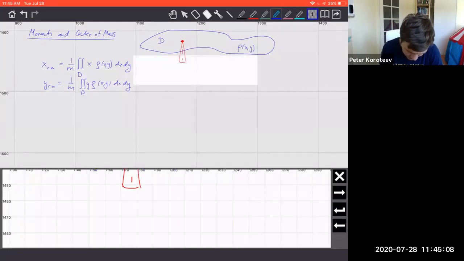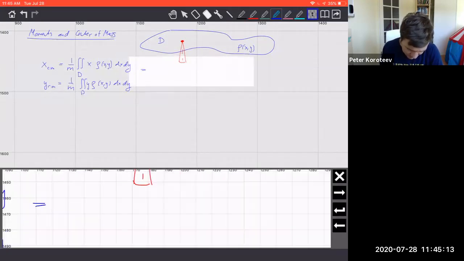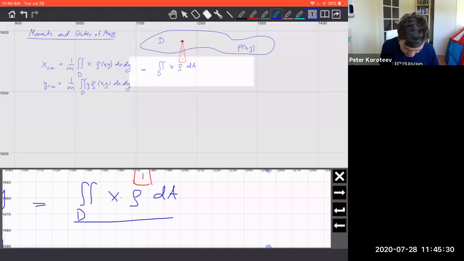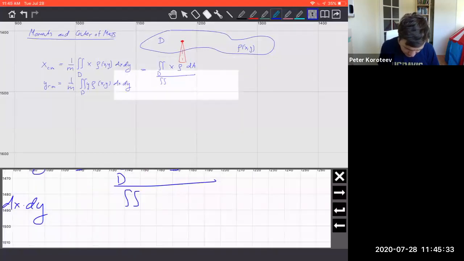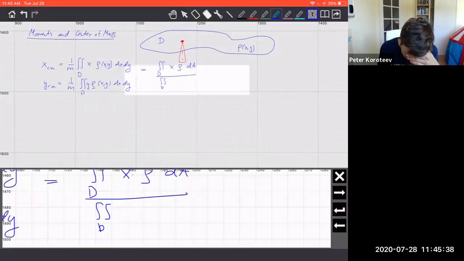If you remember the formula for the mass from above, you can think of the center of mass as the average over the region. So you can write it as a ratio of two integrals: the double integral over D of x times rho dA, divided by the double integral over D of just rho dA.